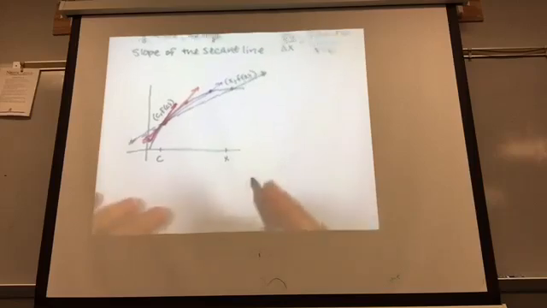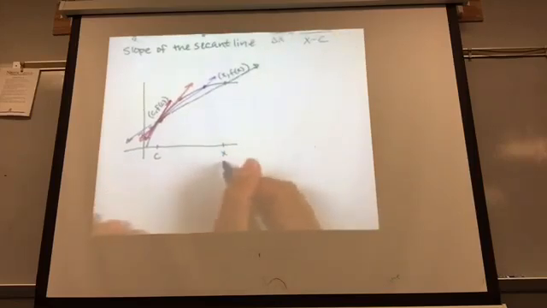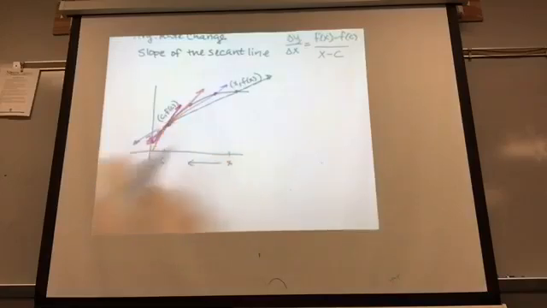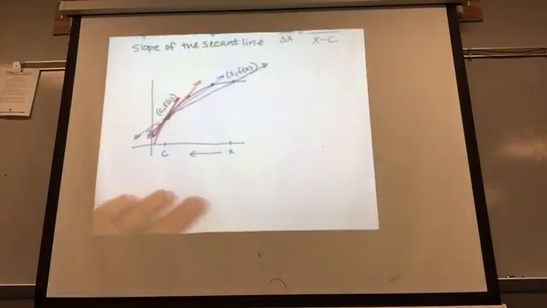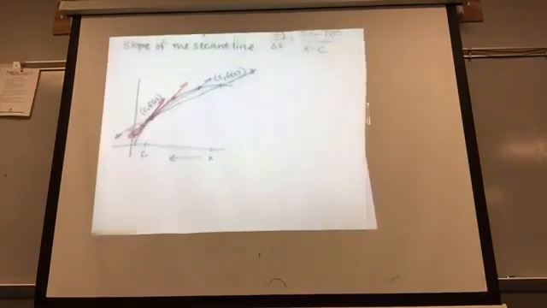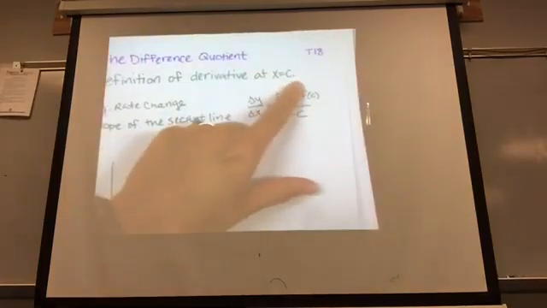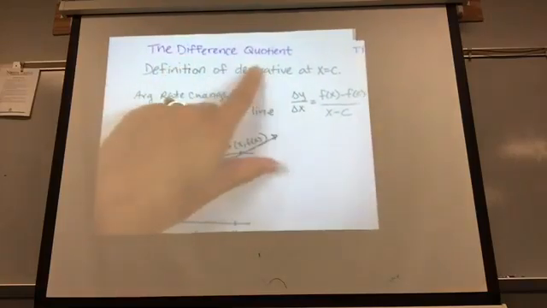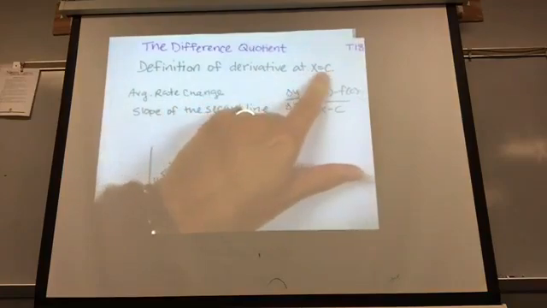So we just said x is approaching c with these secant lines until it became the tangent line. And if we approach something, what are we evaluating? The limit. So the difference quotient, which is the definition of a derivative, let me start over. The definition of the derivative at x equals c can be evaluated by using limits.